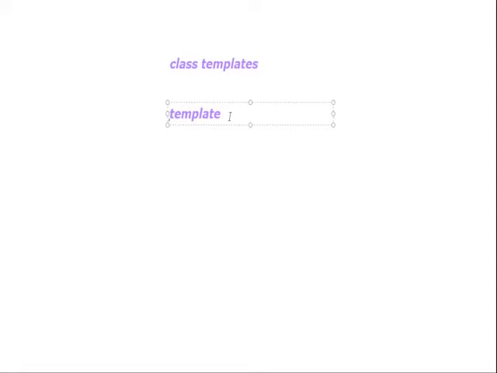This is followed by angular braces. Class is again a keyword, followed by the class type. Then you close the angular braces, then again class with a class name.